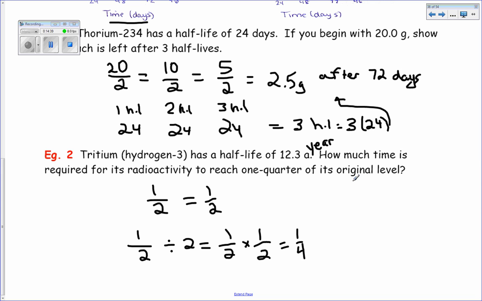This is 2 half-lives until 1/4 is left, and so that's 2 times 12.3 years. That gives us 24.6 years till a quarter is left. If it asked until 1/8, that's 3 half-lives, 1/16, that's 4 half-lives, and so on. You're just constantly dividing by 2.